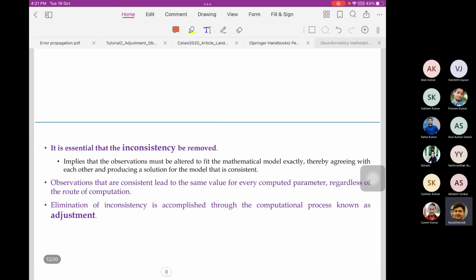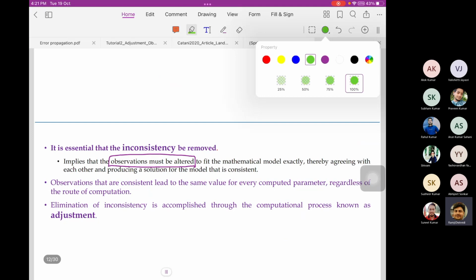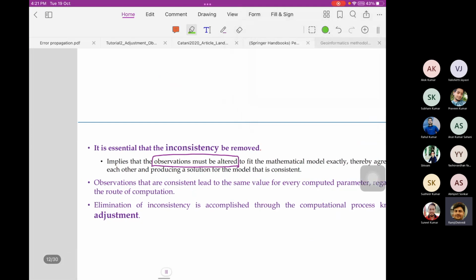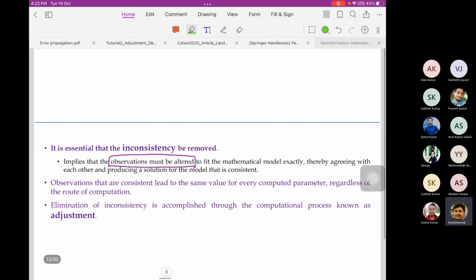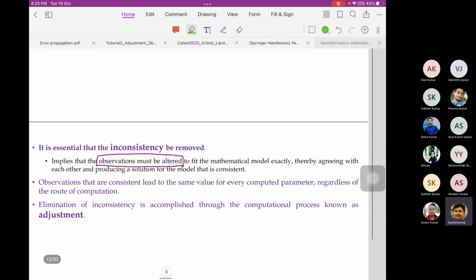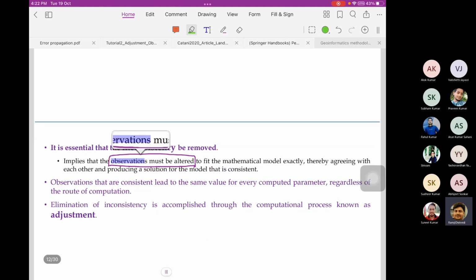So it is essential that inconsistency be removed. That implies the observations must be altered to fit. See this word: observations must be altered.